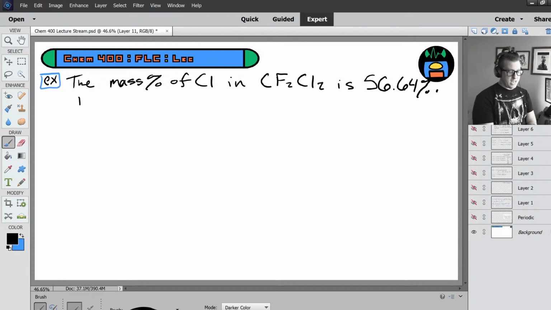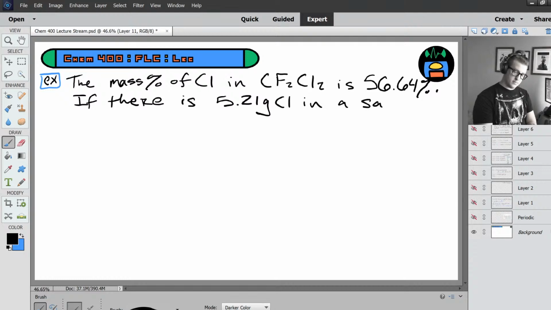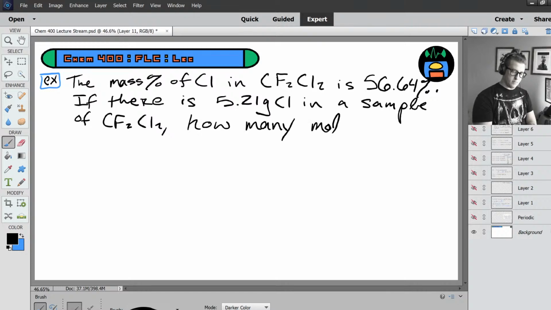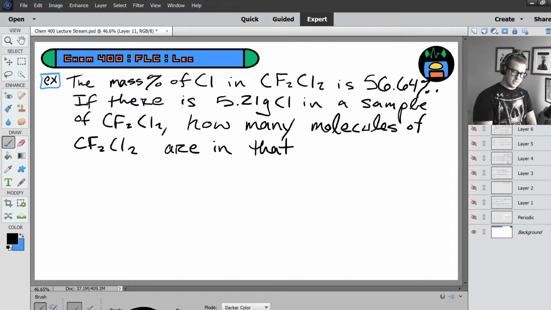If there is 5.21 grams of chlorine in a sample of CF2Cl2, how many molecules of CF2Cl2 are in that sample?